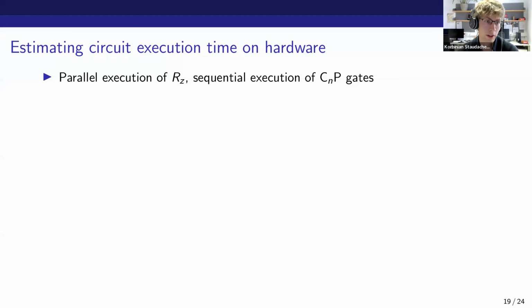We assume that RZ gates in parallel can really also be executed in parallel on the neutral atoms hardware, but that controlled phase gates can only be executed sequentially, because usually if we have two or more atoms in Rydberg state, the surrounding qubits are blocked and we cannot apply anything on them.